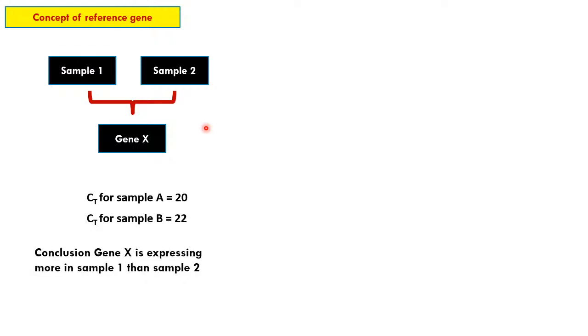Reason. You will be concluding that gene X is expressing more in sample 1 or sample A than in sample 2 or sample B. But it does not happen like that. What is the problem? What if initially sample 1 had a higher number of cells than sample 2? It is possible that by mistake you take 10,000 cells here and 9,000 cells there.